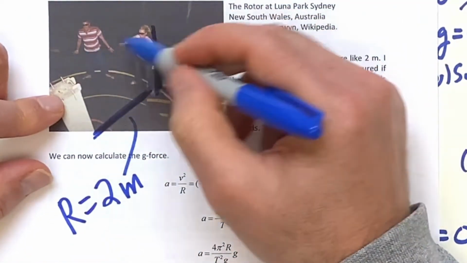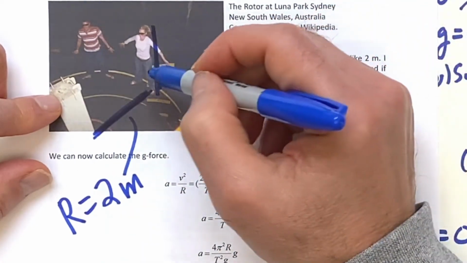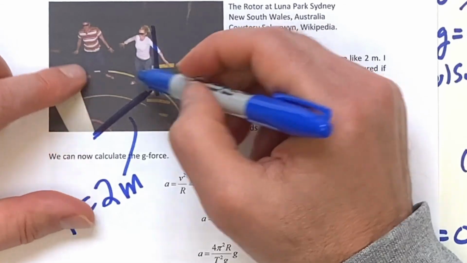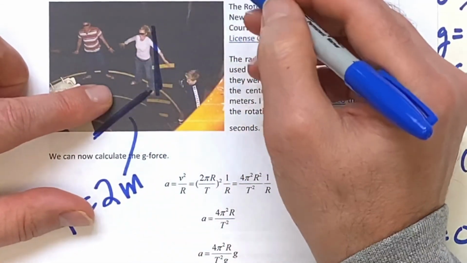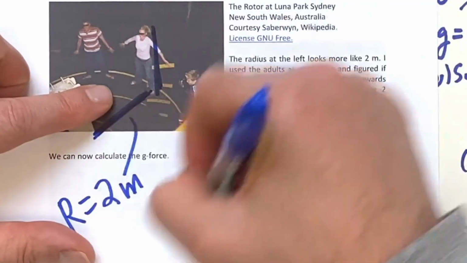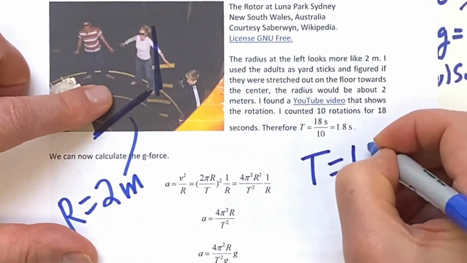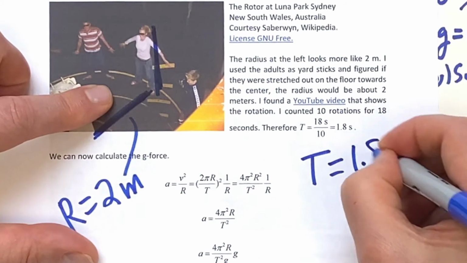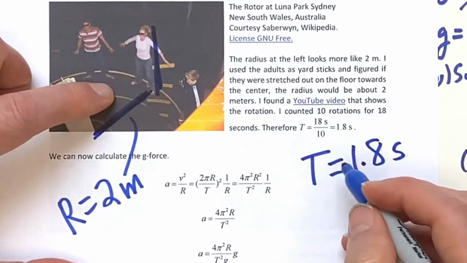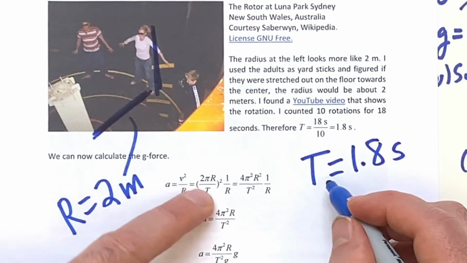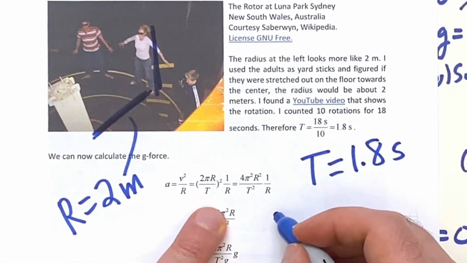Now, what about the time it takes to go around? Well, I found a video on YouTube. Someone had made a video, and it went around 10 times in 18 seconds. So that means T is 18 seconds divided by 10. So there's the T.